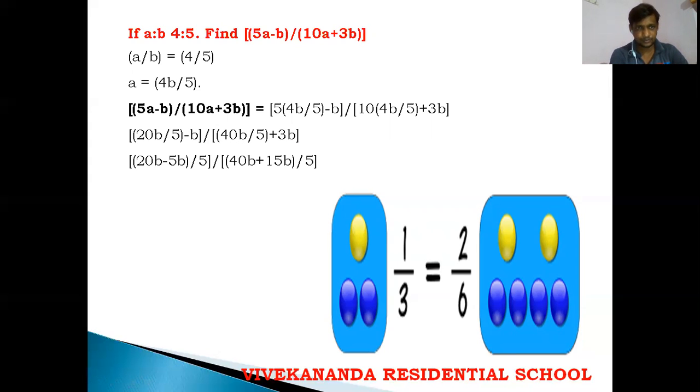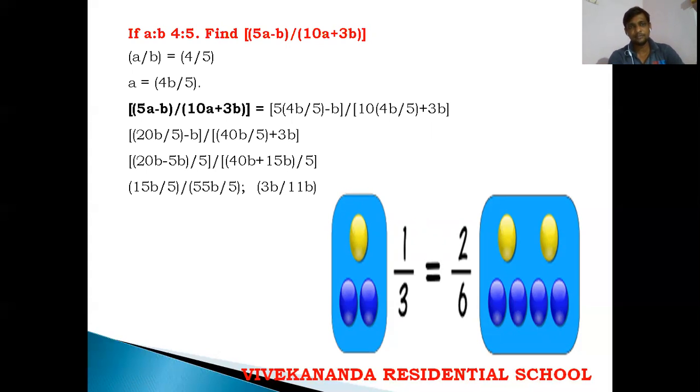Then here, do the LCM. I'll get 20B minus 5B by 5 divided by 40B plus 15B by 5. After simplification, I'm getting 15B by 5 divided by 55B by 5.